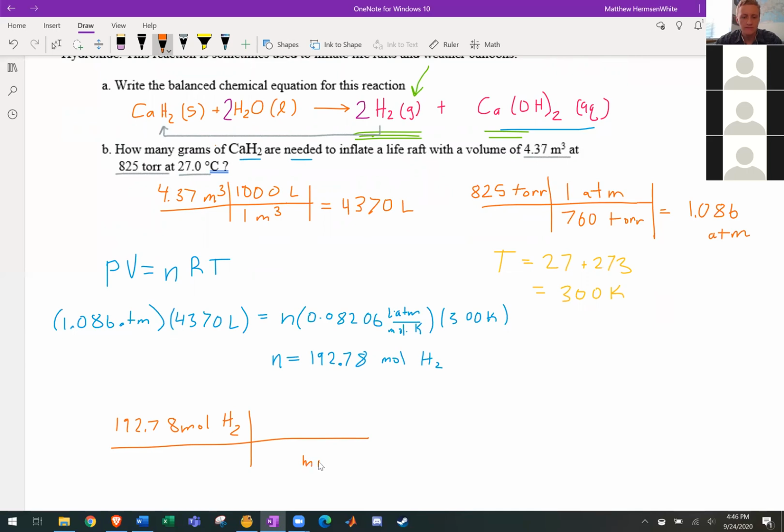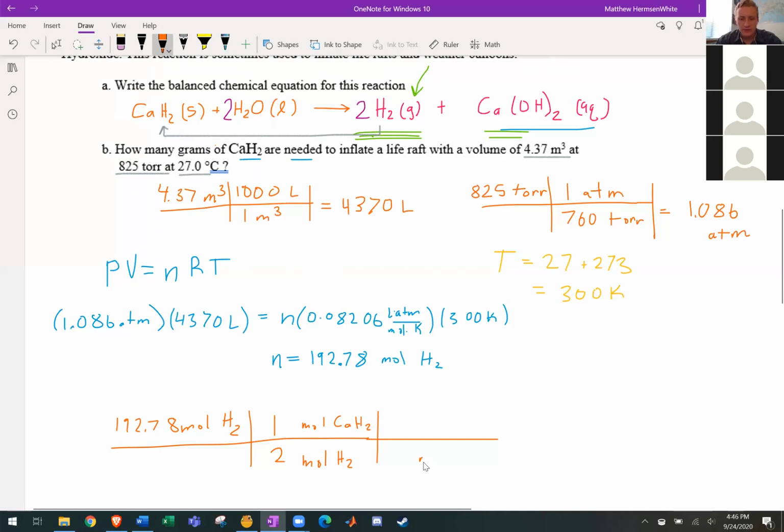So we're going to get rid of moles of hydrogen, and we're going to go to moles of CaH2. The conversion between moles and moles here is going to be 2 to 1. And once again, that is the coefficients from the balanced equation up here. So we have a 2 and 1.